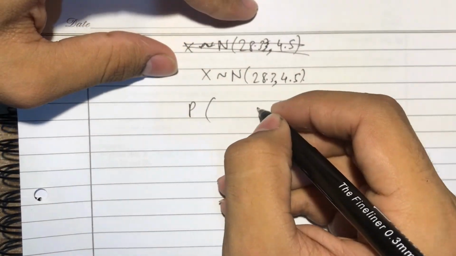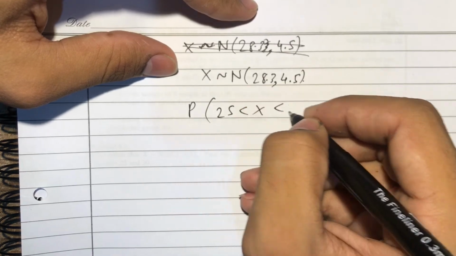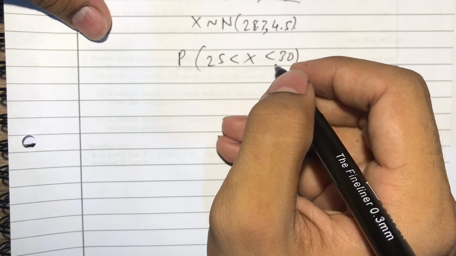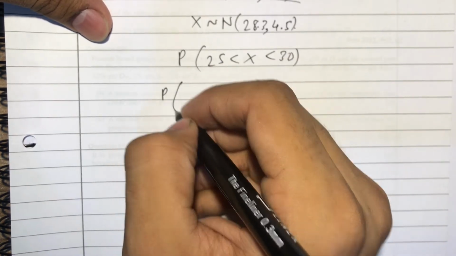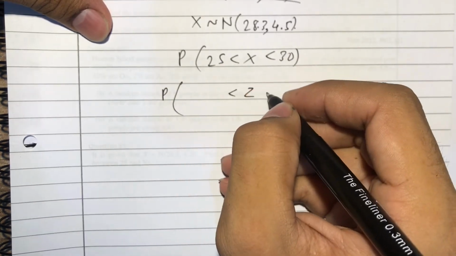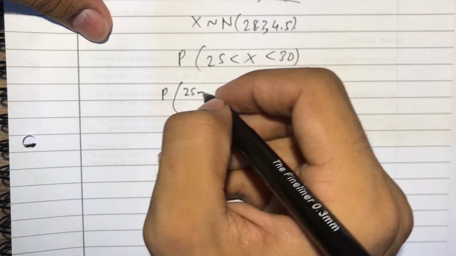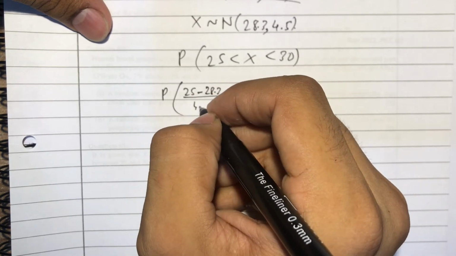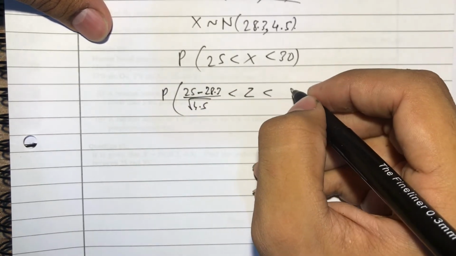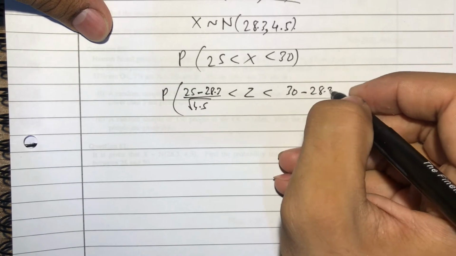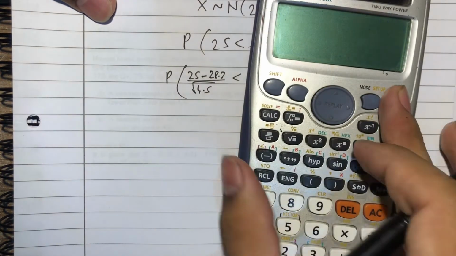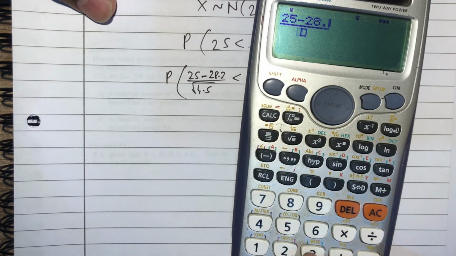We have to find the probability of x greater than 25 but less than 30. So this is a non-standard normal distribution. I'll convert it to standard. So the probability of z greater than 25 minus the mean, that is 28.3, upon root 4.5, and then 30 minus 28.3 upon root 4.5.